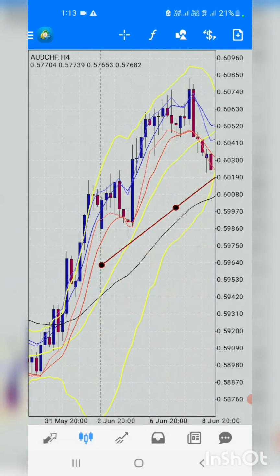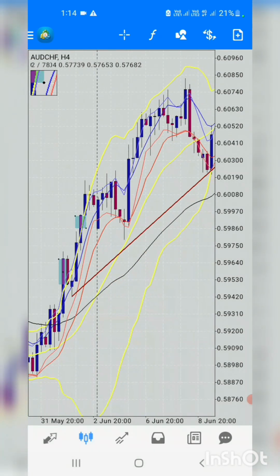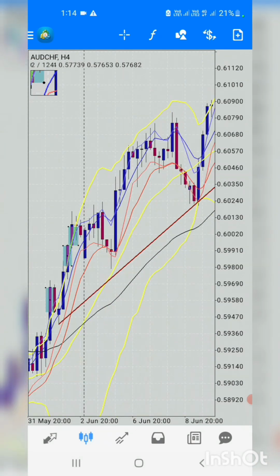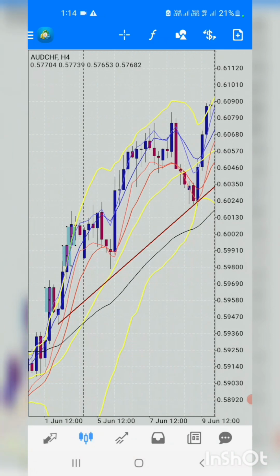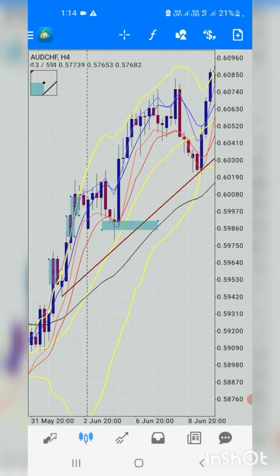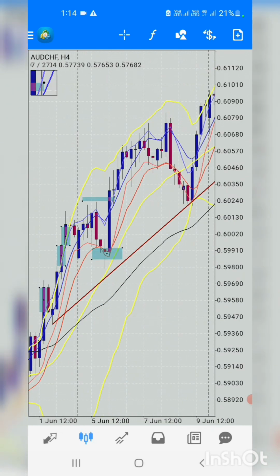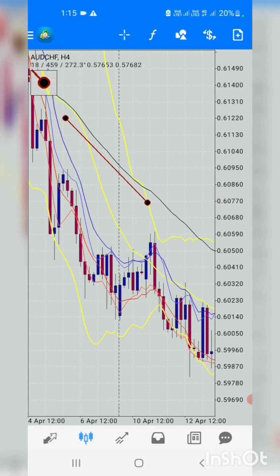Here price is over the MA50, waiting for price to cross over the top BB, then re-entry at moving average 5, 10 low and take profit area will be the previous high. Here's another example.